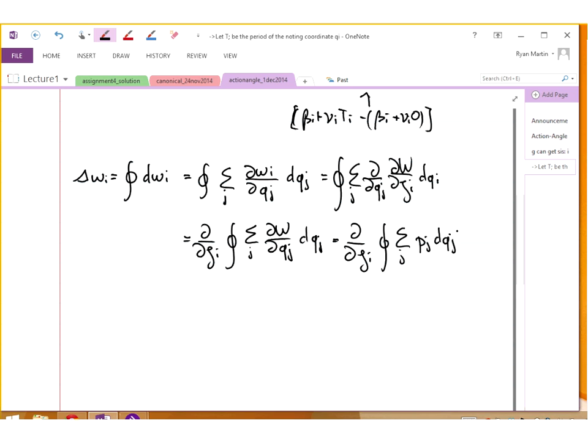Now the di W by dQj I write as Pj, and I still have the dQj. Okay. Now I can, of course, swap the order of summation and integration. So I have di by di Ji, and I'm going to put the sum over j, then I'm going to write the integral, and then I have Pj dQj.